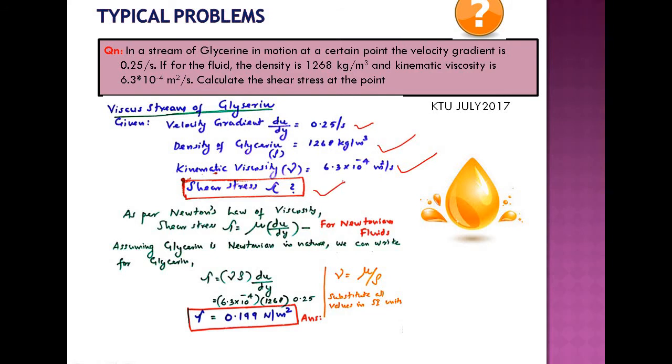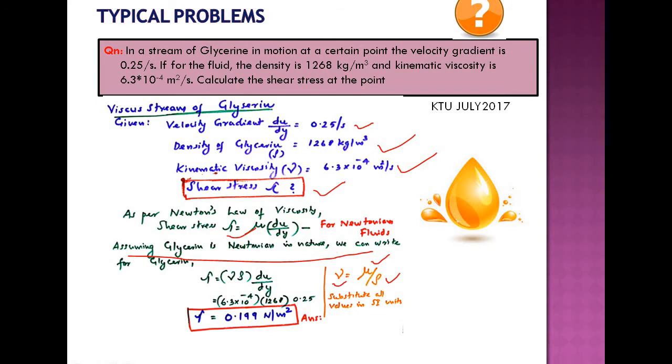So, as per Newton's law of viscosity, we assume that glycerin is obeying Newton's law of viscosity. So, assuming glycerin is Newtonian in nature, we can write tau equal to mu into du by dy. Okay. Du by dy is directly given, 0.25 per second. Then how to get mu, that is dynamic viscosity? We know that kinematic viscosity is dynamic viscosity divided by mass density.